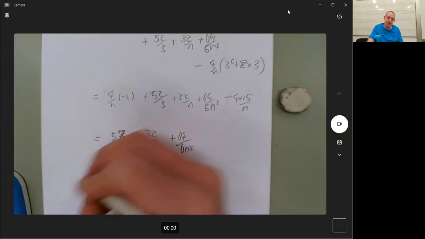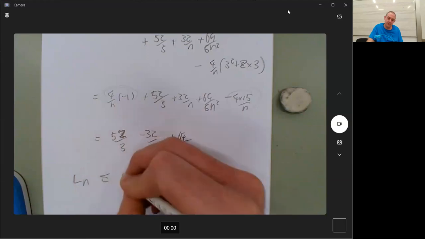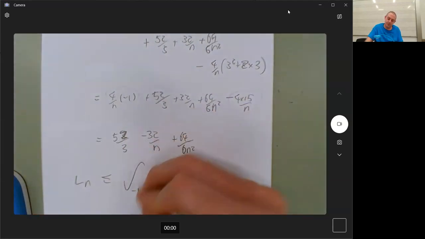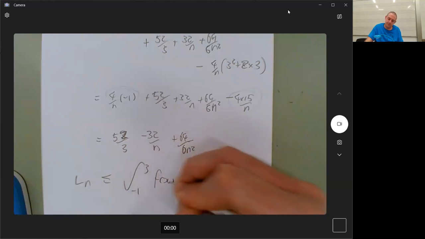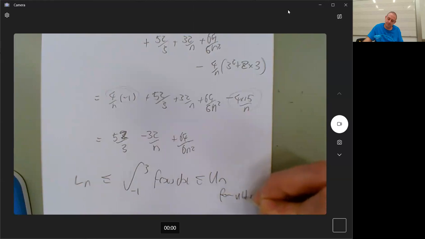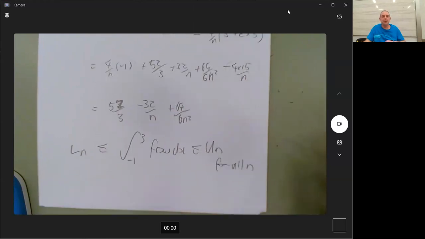So we have that Ln is less than or equal to the integral from -1 to 3 of f of x dx, which is less than or equal to Un for all n. That is the truth. All the upper sums are more than the integral, and all the lower sums are less than the integral.